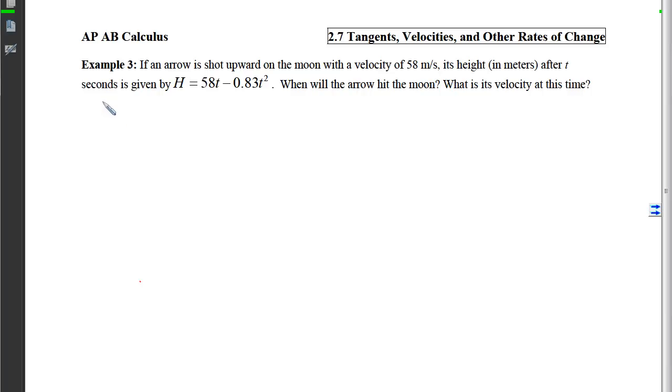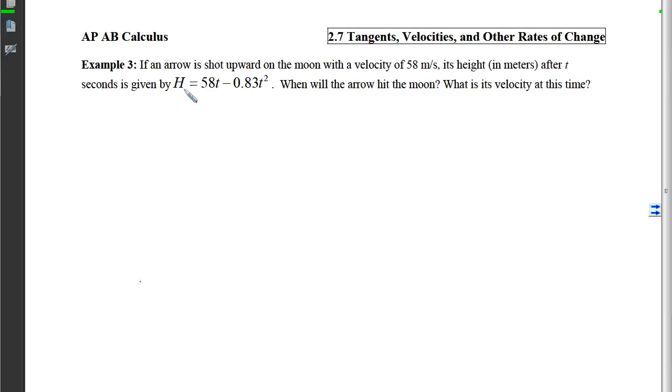And when we're hitting the moon, are we given information about how fast it's traveling, where it is, or what the push on the arrow is? What we should be able to answer is that when we hit the moon, the position is going to be 0, because the position is the height of the arrow from the surface of the moon.